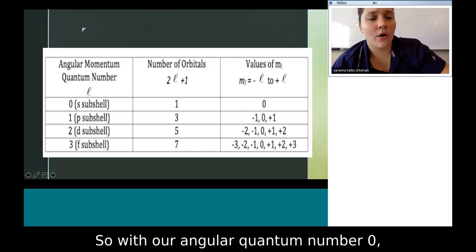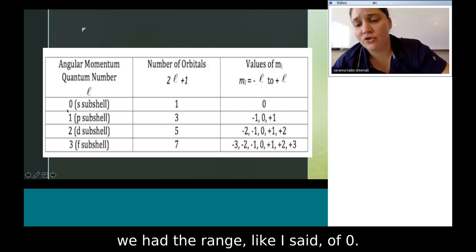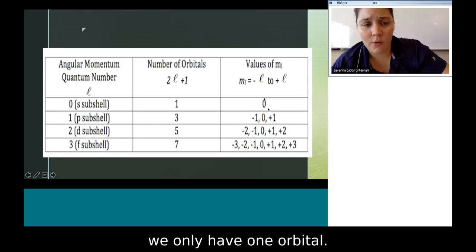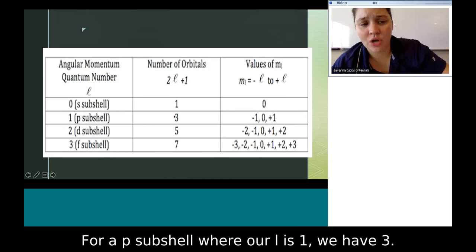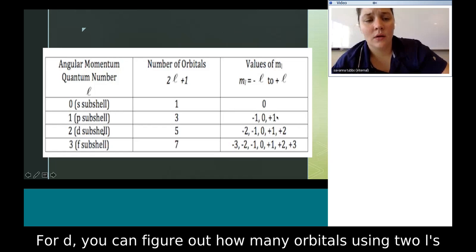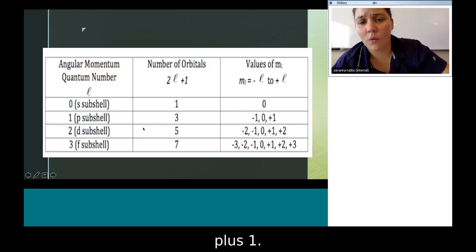So with our angular quantum number 0, we have the range, like I said, of 0. This tells us that for an S subshell, we only have 1 orbital. For a P subshell, where our L is 1, we have 3, so it goes from -1 to 0 to 1. For D, you can figure out how many orbitals using 2L plus 1.